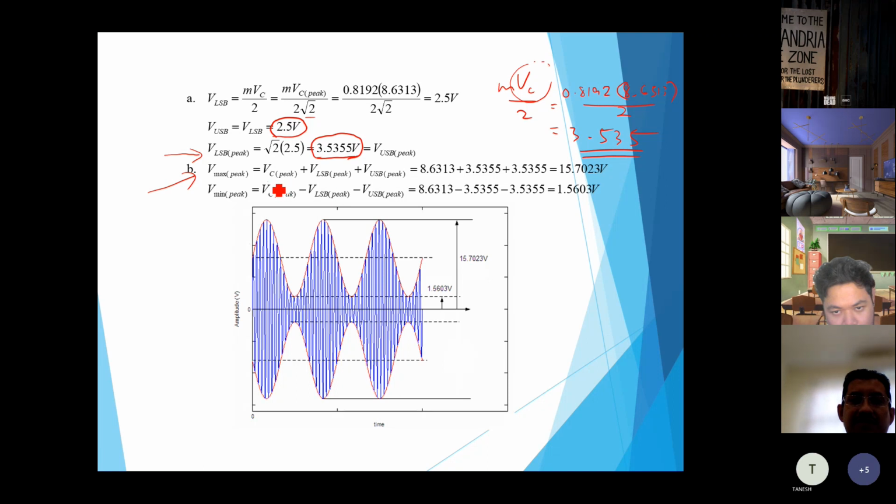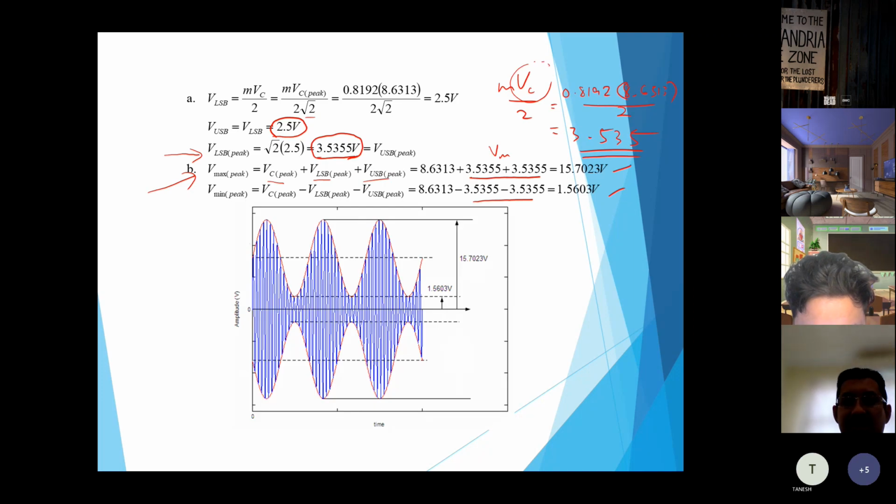Okay. Ataupun VC plus VLSB plus VUSB. Kerana VLSB adalah VM per 2. So VM per 2 tambah VM per 2 jadi VM lah. So both of these is actually VM. Okay. And for the minimum is VC minus VM. Okay, so kita dapat maksimum 15, minimum 1.56.